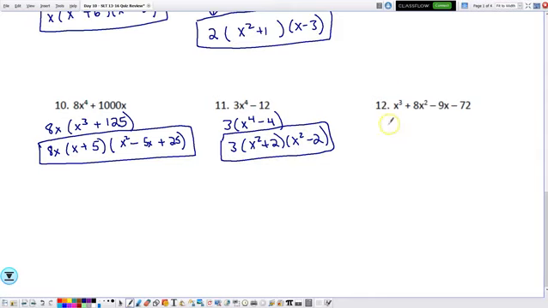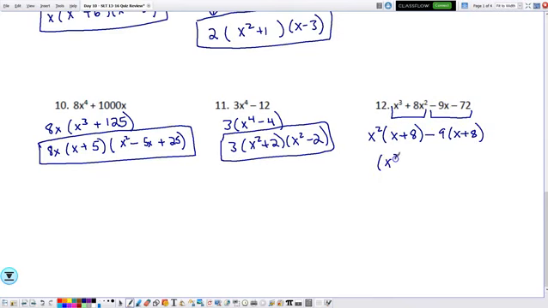You know, I think number 12 might be the only one that has no greatest common factor. Oh, I guess number 9 didn't have a common factor. But yeah, no common factor here. 4 terms. Let's go straight to grouping. What's the common factor out of the first 2 terms? X squared. So we'll take it out, and we're left with x plus 8. Now here, because this is a minus sign, I've said this before, anytime you're grouping and the second group starts with minus, you're going to be taking out a negative number. And in this situation, we're going to take out -9, and we are left with x plus 8.